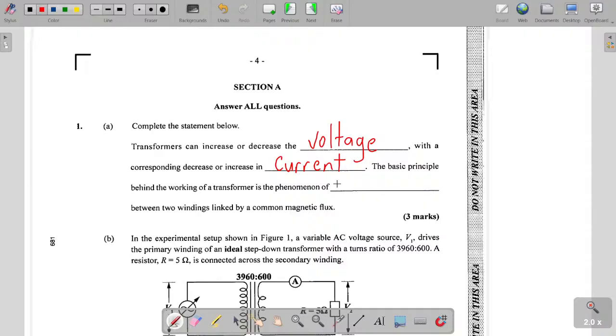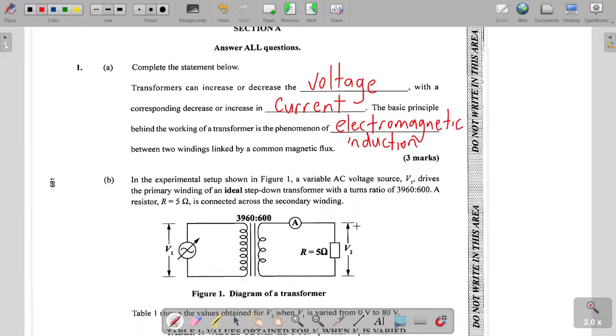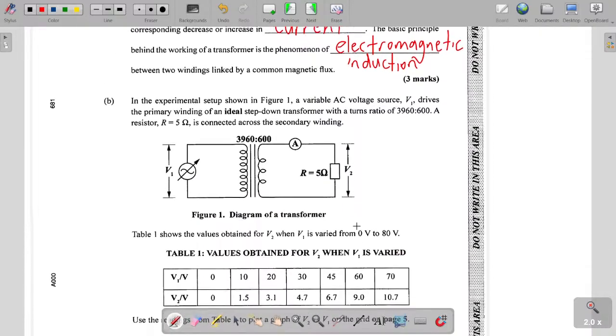So we would just write here electromagnetic induction. And once you see the word induction, it means that something is being transferred without touching it physically. So that would give you your 3 marks. On to the next part of the question.